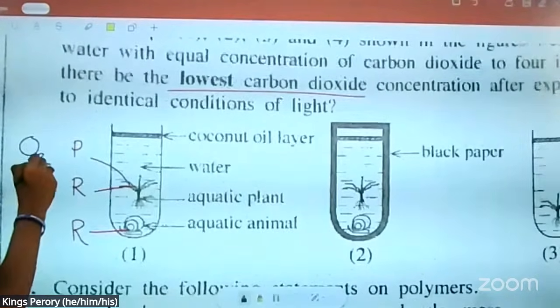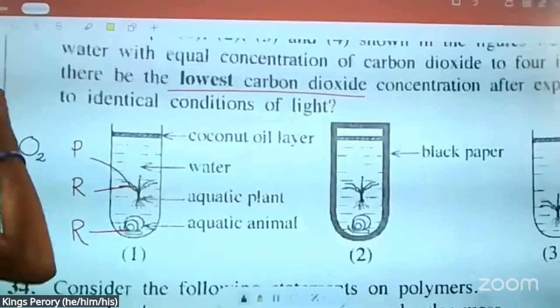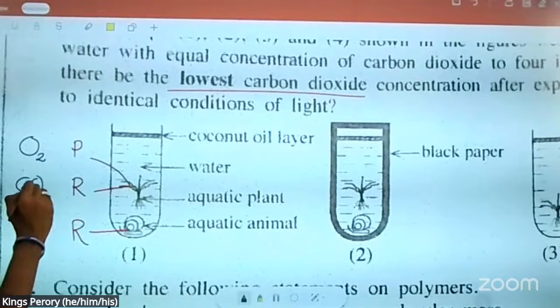Oxygen is released. I'm writing only the gas that is released. Respiration, what gas is released? Carbon dioxide is released.